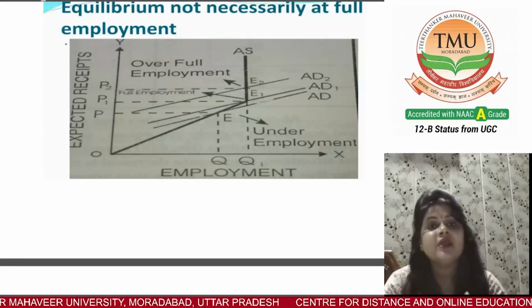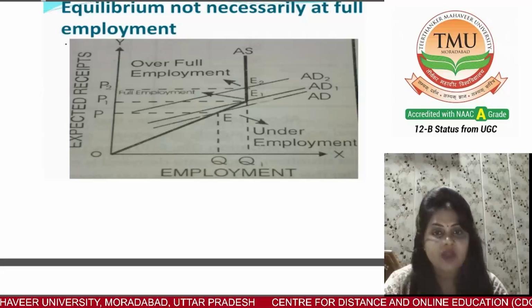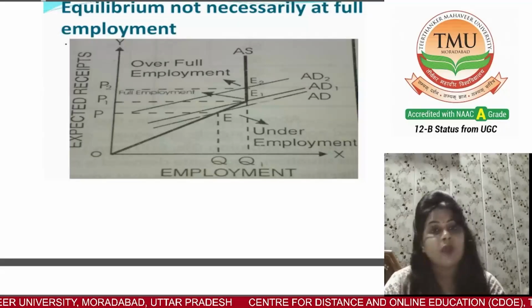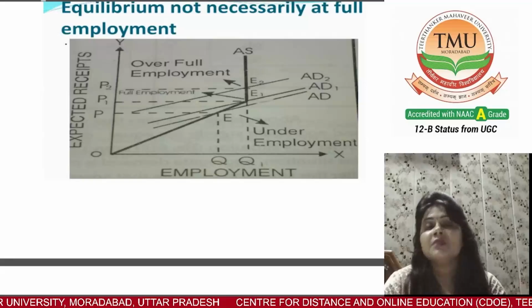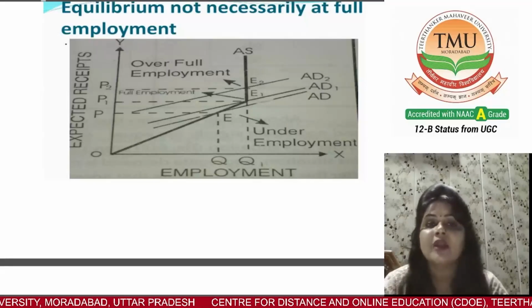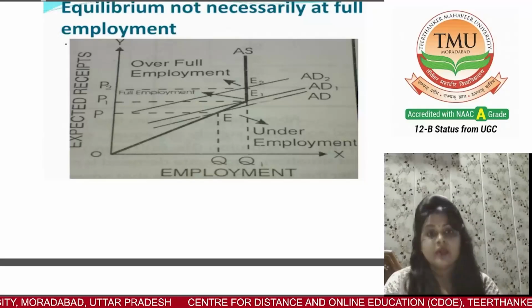In case private expenditures are insufficient and ineffective in bringing about the required level of employment, the same can be achieved by government expenditure. Thus, the principle of effective demand is the basis of the theory of employment.